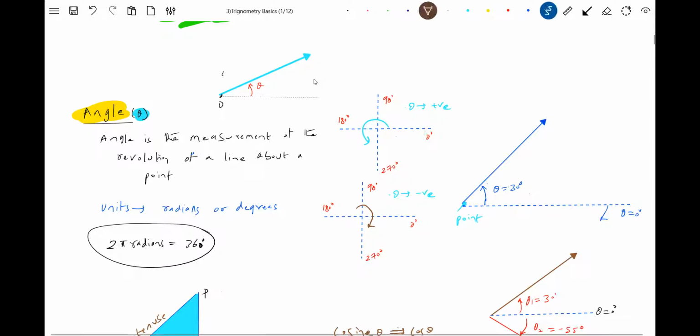If you go back to geometry, most of you might have come across the protractor. On the protractor, we have the reference things here. This will be 0 degrees, this will be written as 180, this will be 90, and these are the other reference angles.